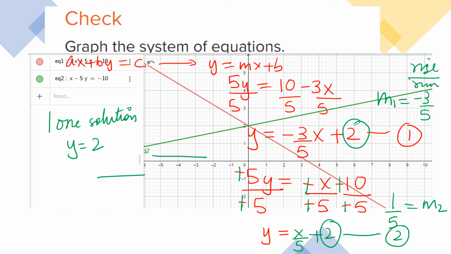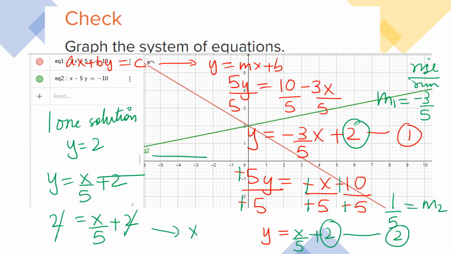Let's solve for x. So I put in y equal to x by 5 plus 2. y is 2. So x by 5 is actually 0.